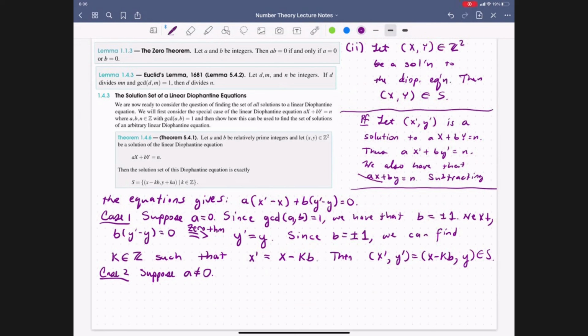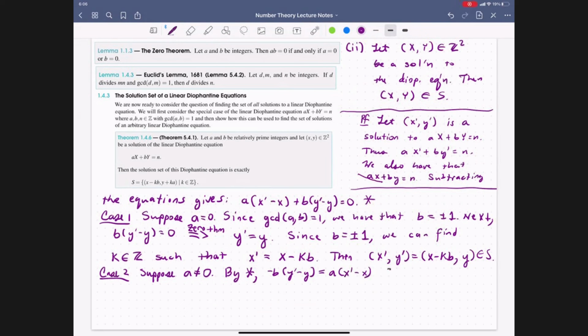So now we come back to this equation up here, star. If a is non-zero, by star, we have that b(y' - y), let me write this as a negative right there, is equal to a(x' - x).